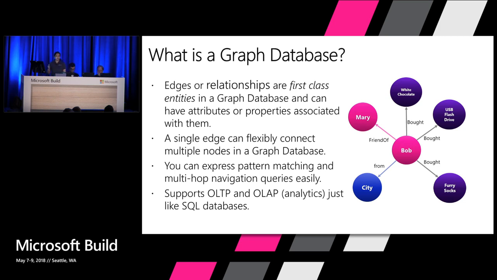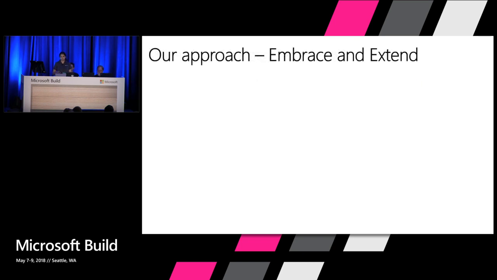Graph databases generally also give you an easy, regular expression-based query language to easily write your traversal queries or navigation queries. And they support both OLTP and OLAP, just like relational databases. So why are we doing this inside SQL Server? And why are we not building a new engine altogether?